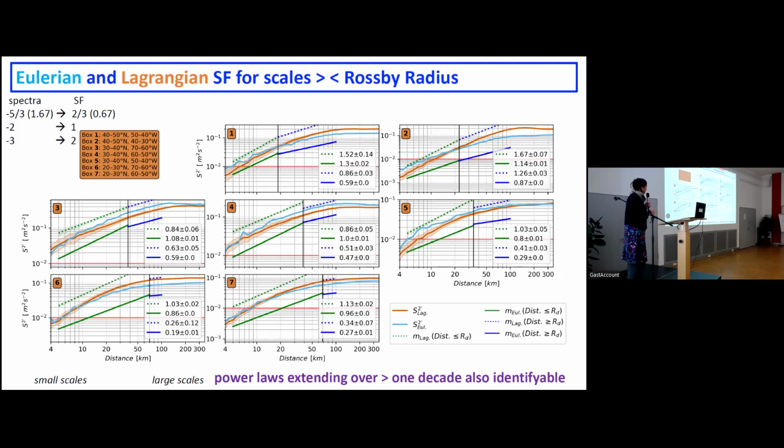And so you can also see we get power law scaling also for the second order structure function, and also a kind of steepening for the boxes that are not in the Gulf Stream. We also can see that there are some differences between the Eulerian and the Lagrangian structure functions. So the Lagrangian structure functions tend to steepen towards the larger scales for a lot of these boxes that have more energy at larger scales.